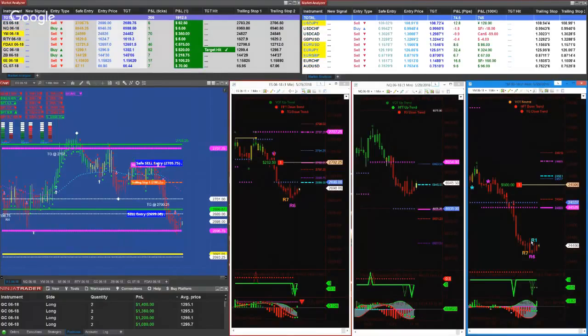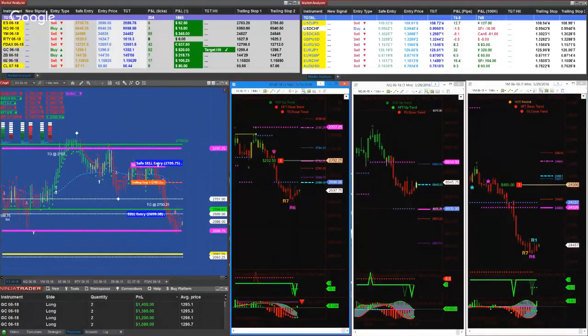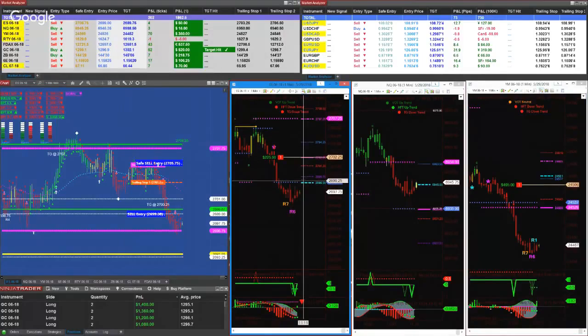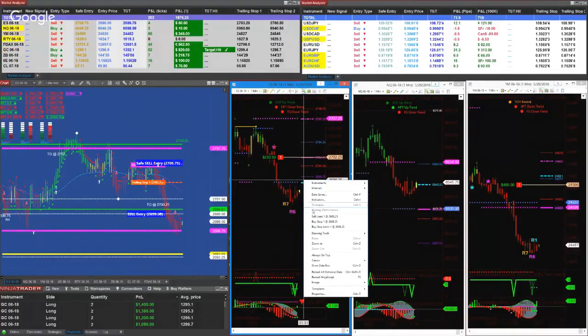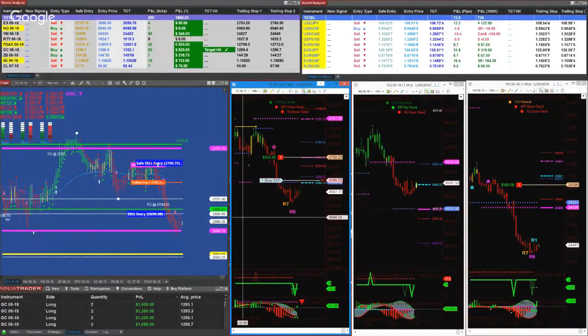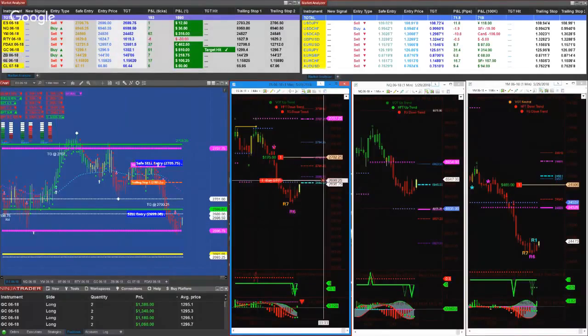But if I'm happy with the number, you close it. On the ES, where should you put your stop loss? It should be a couple ticks above the 99, so it will be 99.25. This is where your stop loss should be on the ES if you want to protect it.